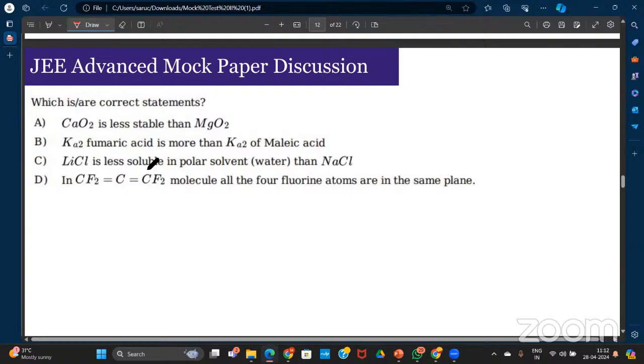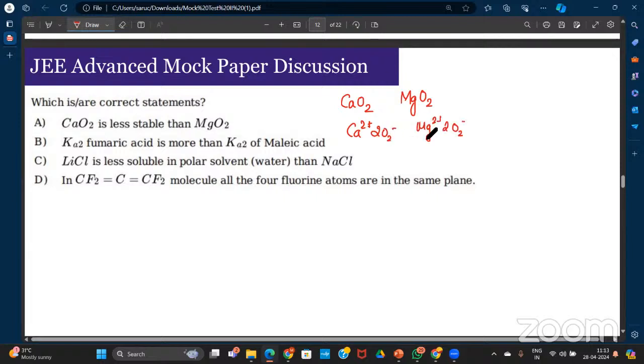Okay, so we'll check the answer. The first one is CaO2 is less stable than MgO2. Can I write it as Ca2+ with O2 2-, and this is Mg2+ with O2 2-, more stable.